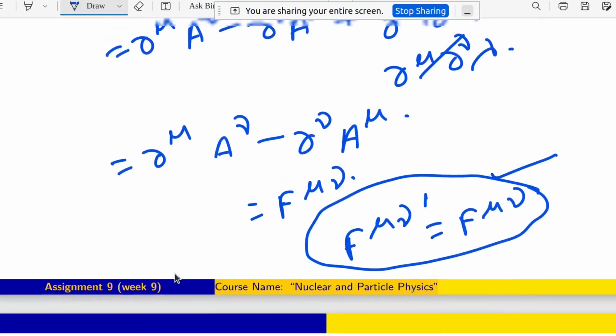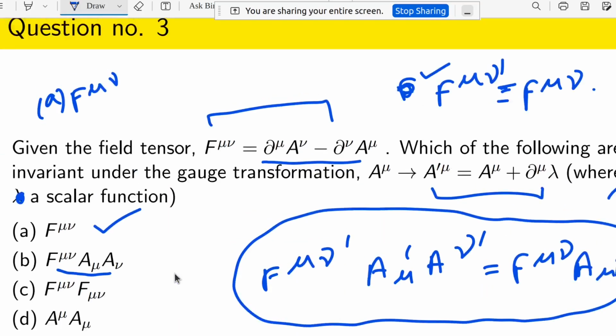So from our mathematics, option number B is not correct. Now coming to option number C. If option A is correct, that means F_μν is invariant under gauge transformation, then this product will also be invariant under gauge transformation. You can check by yourself also, but yeah, fine.